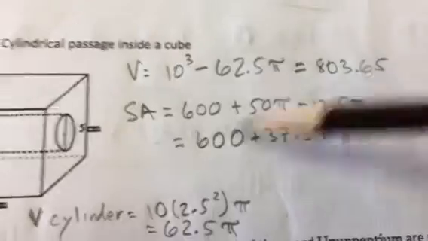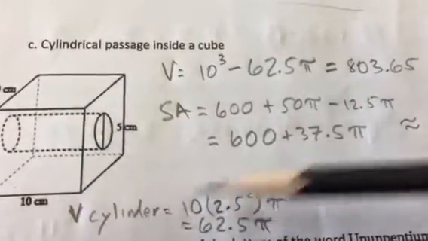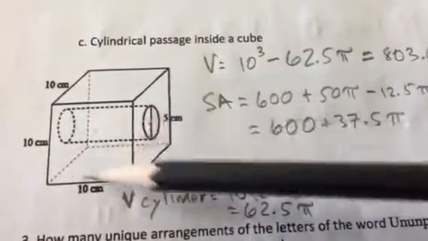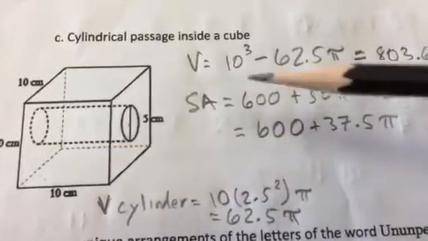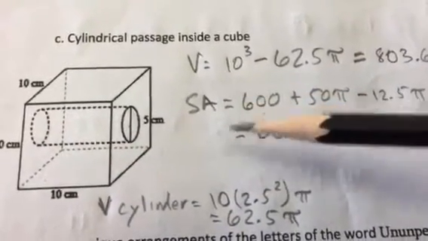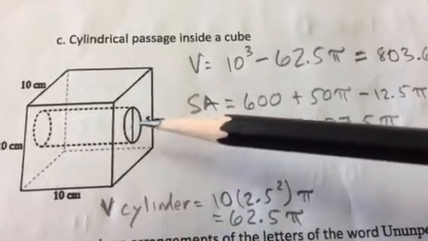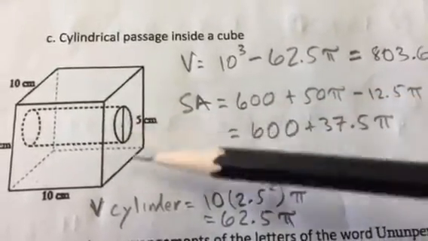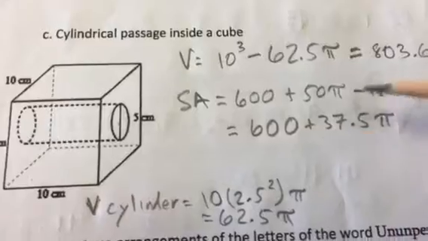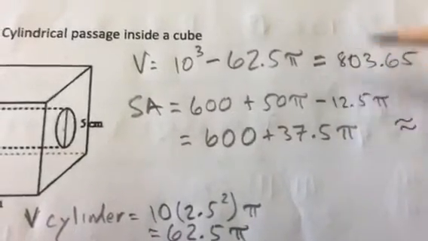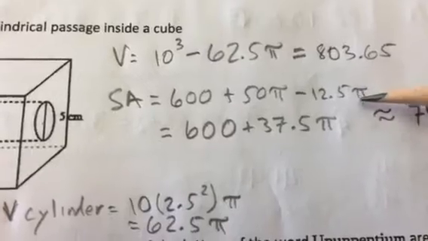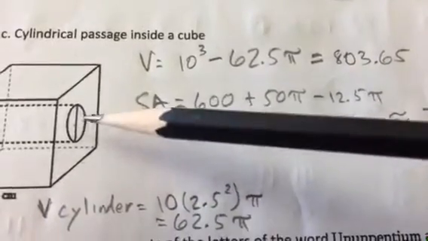The surface area is a little more complicated. We have to find the whole surface of the cube. That's easy. That's 6 times 100, since each face of the cube is 10 by 10. So that's 600. But then we also have to add in the internal surface of the cylinder, and that circumference times the height is 50 pi. But we also have to subtract the area of the 2 circular holes.